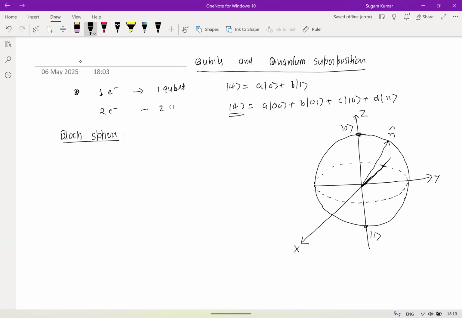When the tip of the spin vector comes to this point, we call it the 0 state. When it comes here, we call it the 1 state.